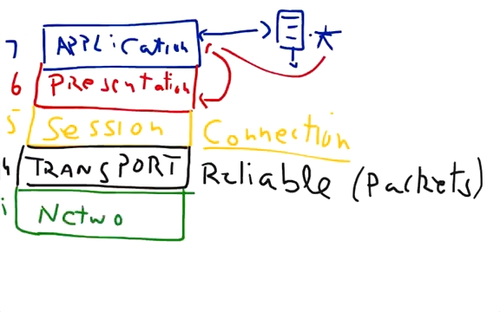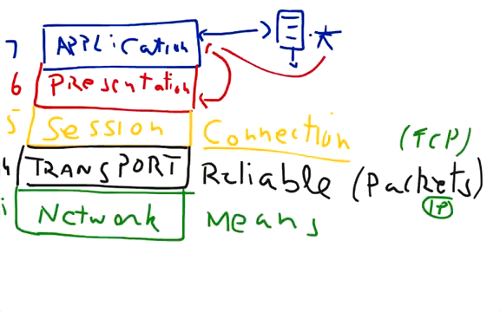I would like to tell you one thing, friends, that TCP, the Transmission Control Protocol, works roughly on the transport layer, and the IP protocol works roughly on the network layer. The main purpose of network layer is to provide means of transferring variable length data, which is called datagrams.